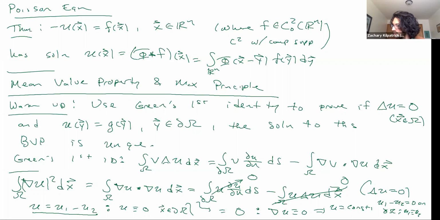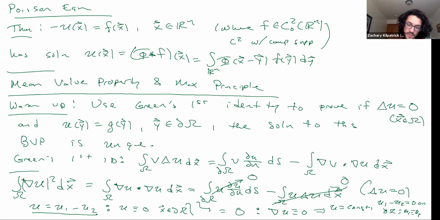So essentially, this is another uniqueness proof. We follow a similar program to what we had before, which is essentially to take the difference and show that some integral involving the difference is equal to 0.